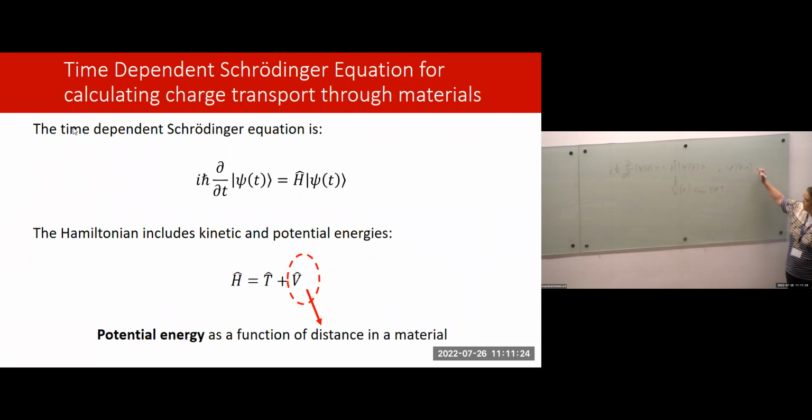And the initial wave function, we take it to be a simple Gaussian, which is located at a certain position in the material. There's a lot of information about what the code is doing, so we'll discuss it more deeply in the computer room.